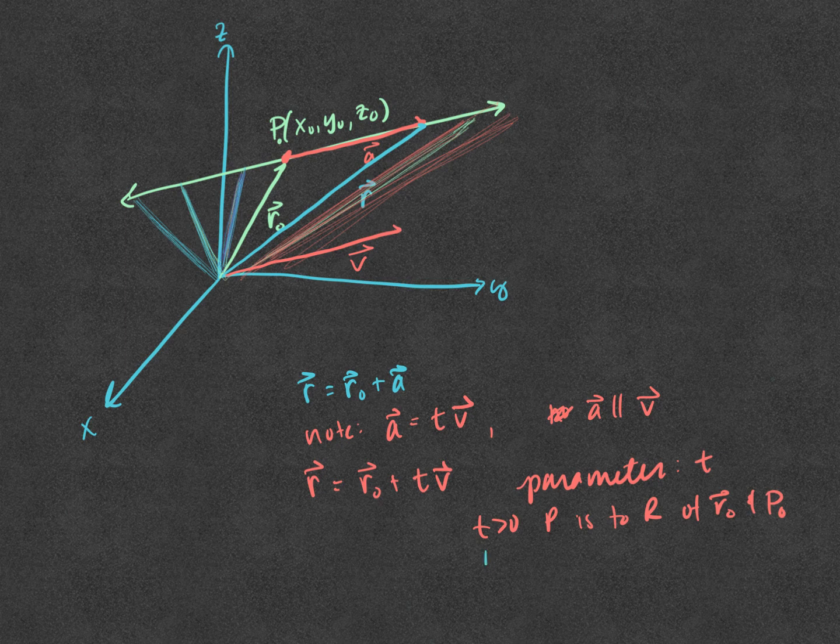So that's just interesting information. If t is negative, then P is to the left of vector r sub 0 and point P sub 0. So you can move this around just like you could in 2D space, but it's really interesting to look at.